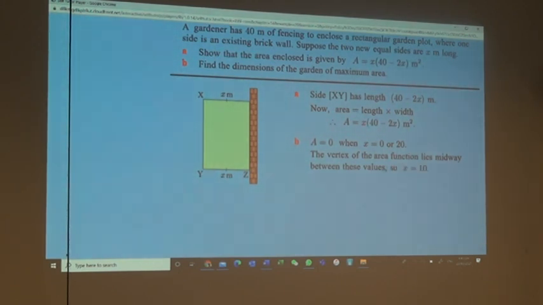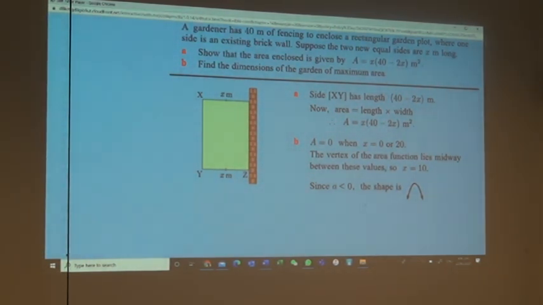The coefficient of x squared is negative, so the graph is concave down, and the vertex does indeed represent the maximum value of the quadratic. When x equals 10, the length of the side XY is 20 meters. So, the area is maximized when YZ is 10 meters and XY is 20 meters. Does this make sense? Uh-huh.